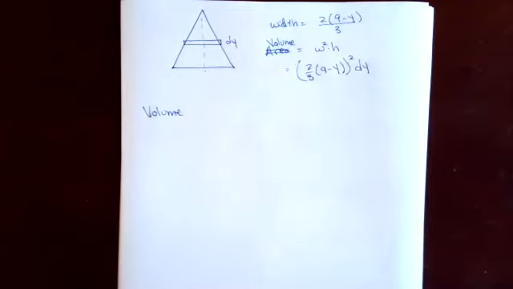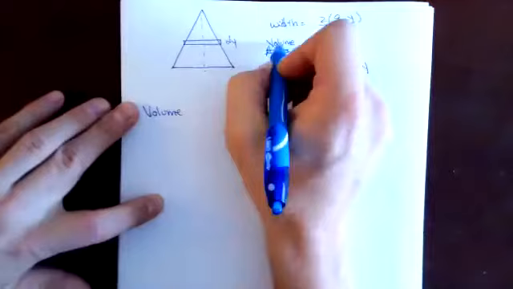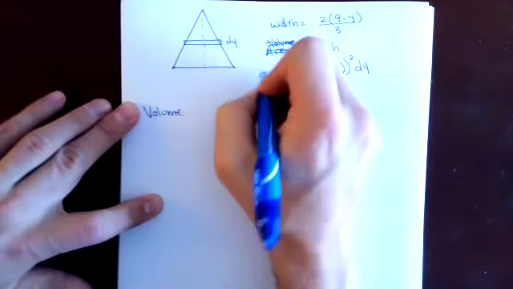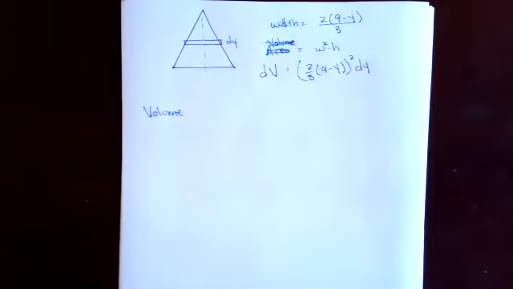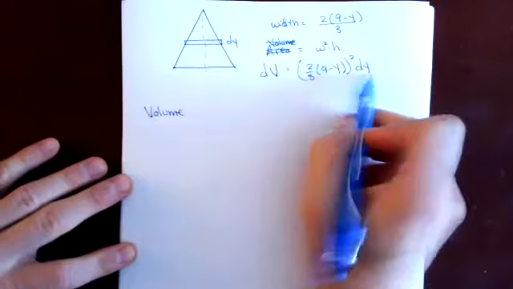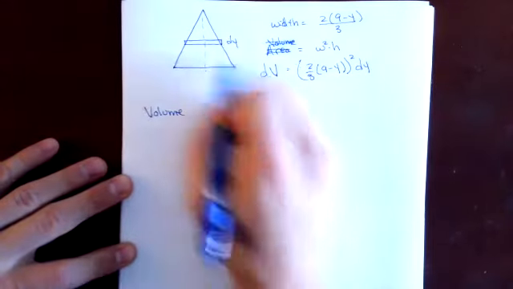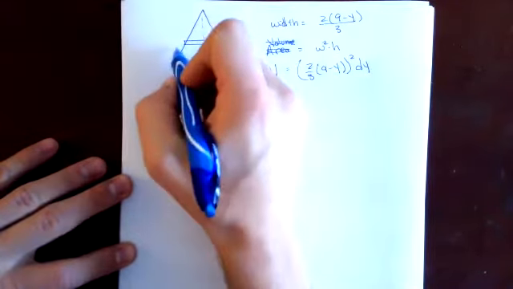And actually, you know what? Let me introduce a little bit different notation. I have this called volume. Let me actually call this dV. So what do I mean by dV? Well, because this isn't the total volume, right? This is just the infinitesimal volume of our cross-sectional square.